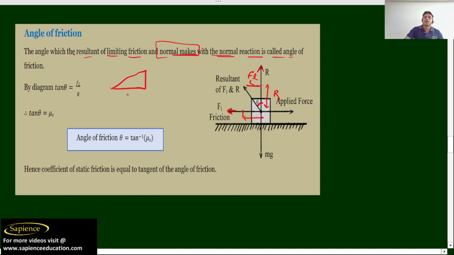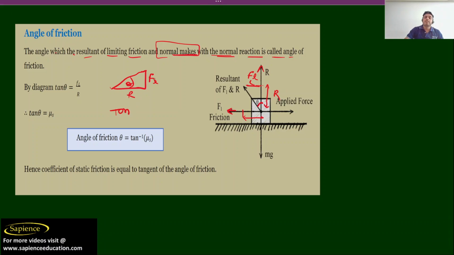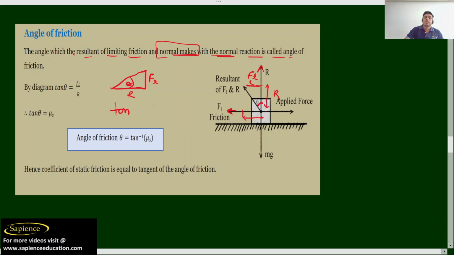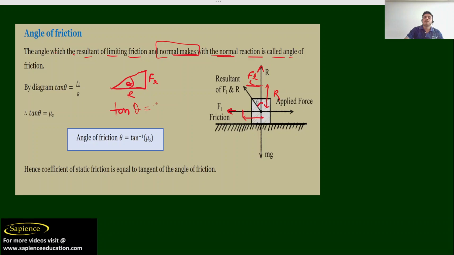Base is your reaction and perpendicular is your limiting friction force, and theta is your angle. So tan theta is equal to perpendicular by base, that is equal to limiting friction by R.